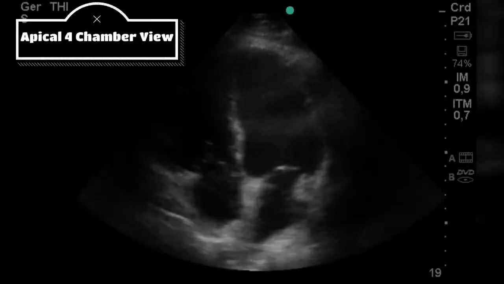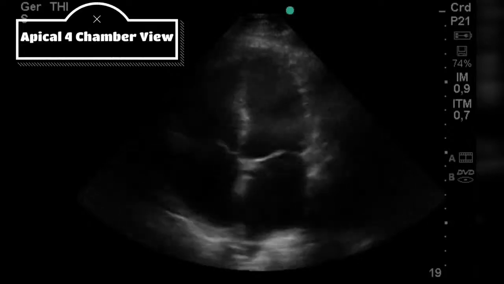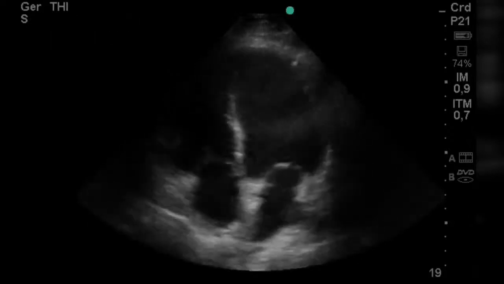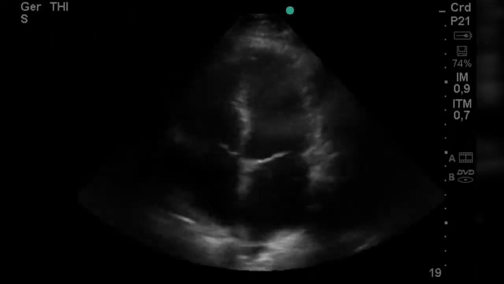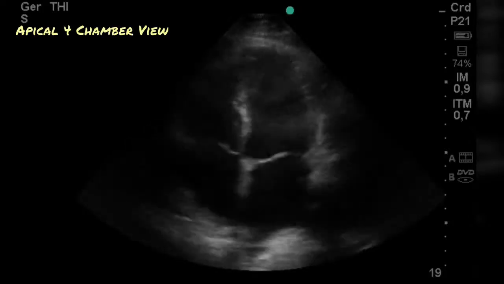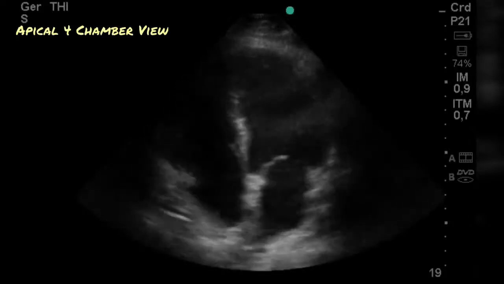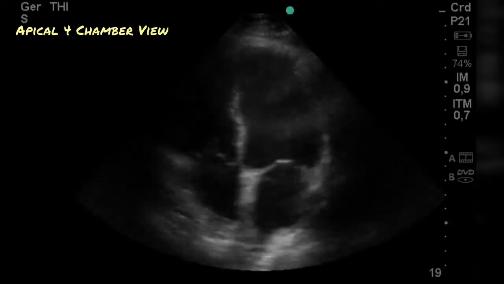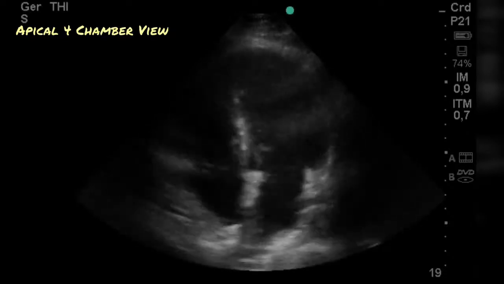This is the apical 4-chamber view of the heart, and as the name suggests, the apical portion of the heart is in the superficial portion of the ultrasound screen, and all 4 chambers can be seen in this view.